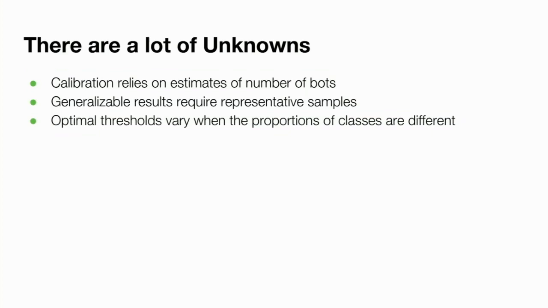The next thing we want to talk about is that in our data set we only have 2 types of bot accounts. There are many other types of automation on Twitter's platform that we didn't have. So it would be particularly hard to generalize our results because we might be missing bots that are not in our data set. And then last, we don't have the optimal thresholds. Our models, when trained, use 0.5 as the barrier of whether an account is a bot or not.